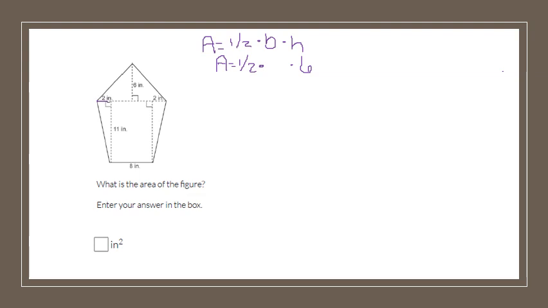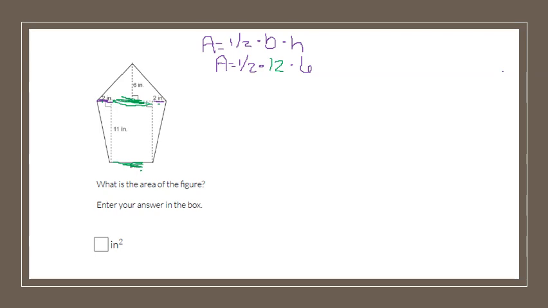But I see that this part is 2 inches. This part is 2 inches. And this part, whoops, is part of a rectangle that's equal to down here. So 2 plus 2 plus 8, that's 12.